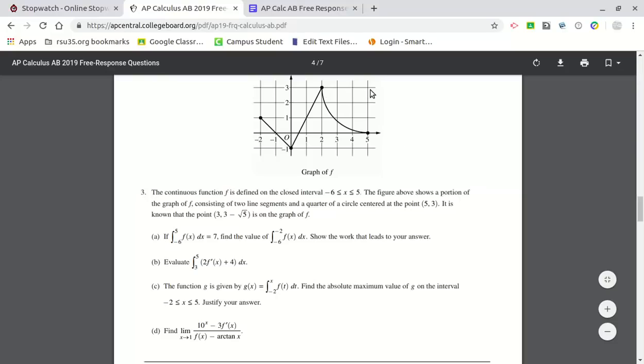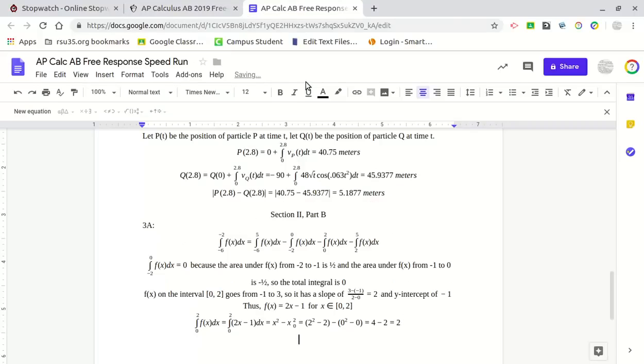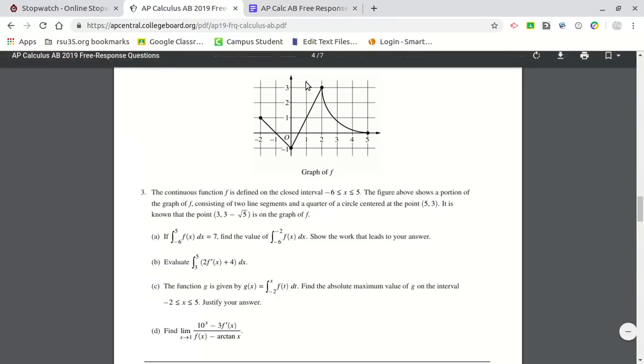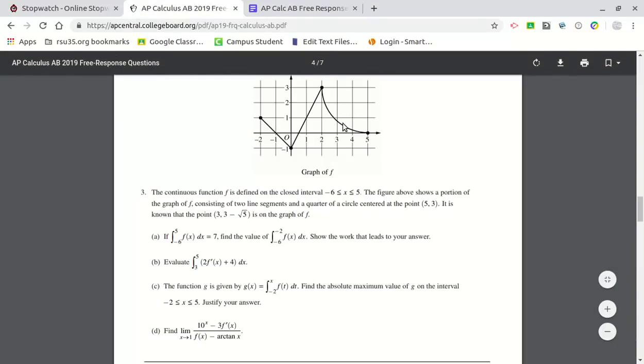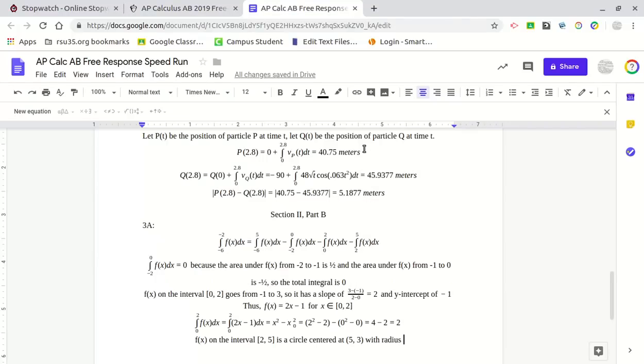So okay, what's the equation of the circle? Okay, so f of x on the interval to 5 is a circle centered at, what does it say, 5, 3. Nice. With radius, obviously radius 3 because this is 5, 0, so radius 3.